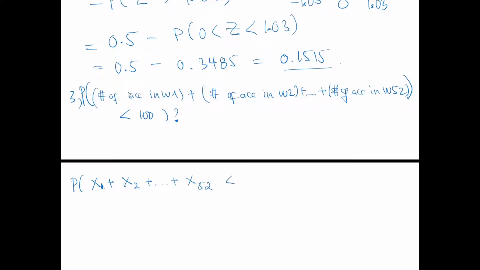What is the chance that you add them up and it is smaller than 100?